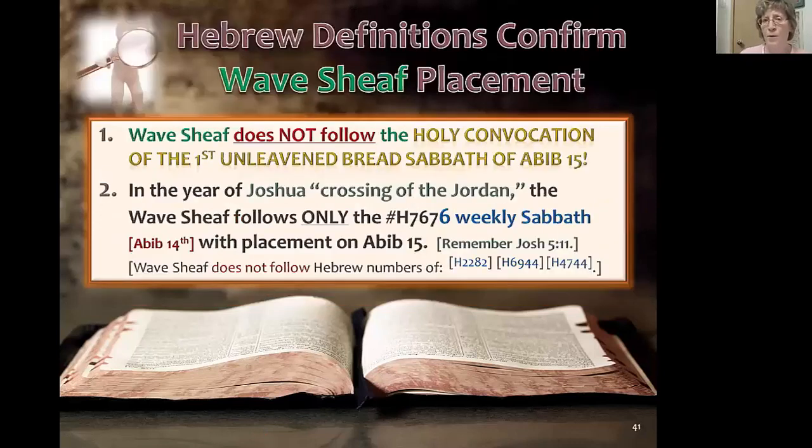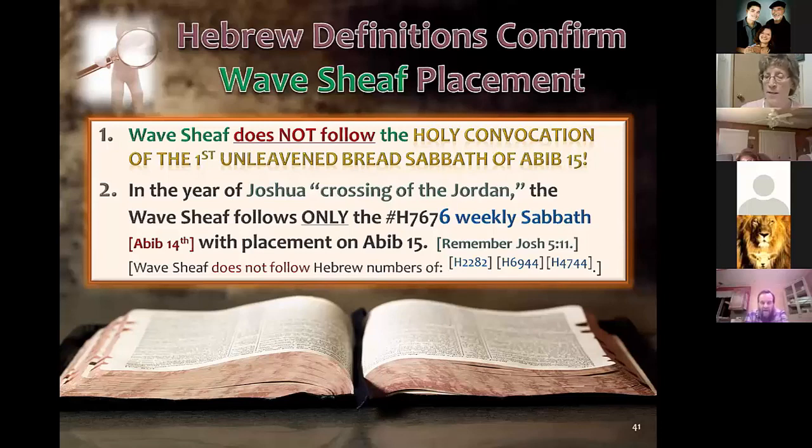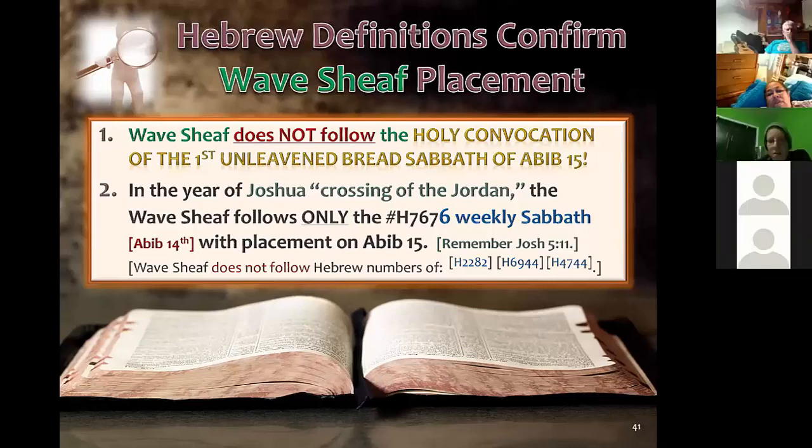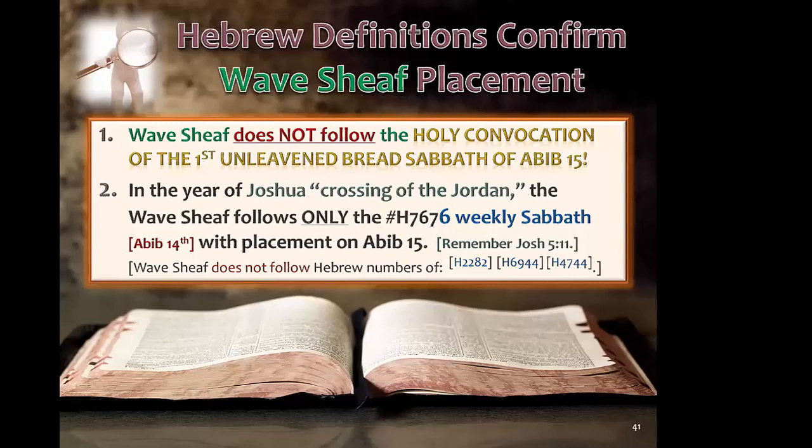So these Hebrew definitions confirm a wave sheaf placement quite easily. And they tell us that wave sheaf does not follow the holy convocation of the first unleavened bread Sabbath of Abib 15. Not ever, and it never will. In the year of Joshua, when he was crossing the Jordan, the wave sheaf follows only the weekly Sabbath, which is Shabbat, with its placement on Abib 15.